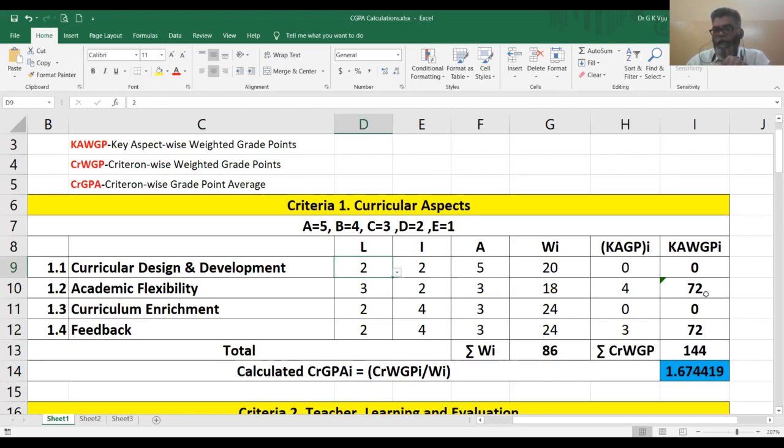Let me do it over here. For the 72, I am going to change the value, because here it is 0, then the value will not change. Instead of 3, I am going to make 5. So what the change is, you can feel it over here. Automatically, what happens?